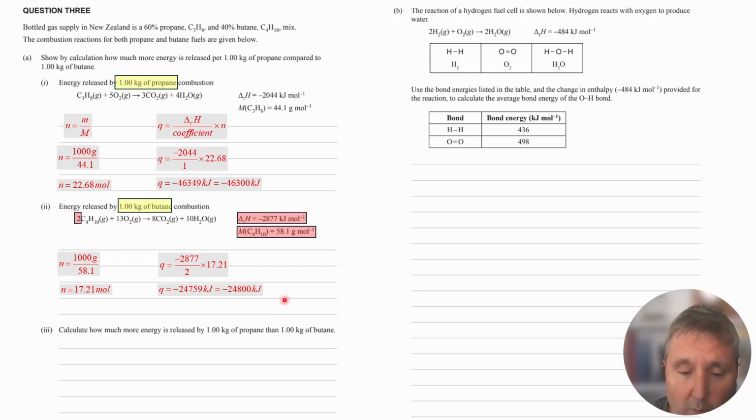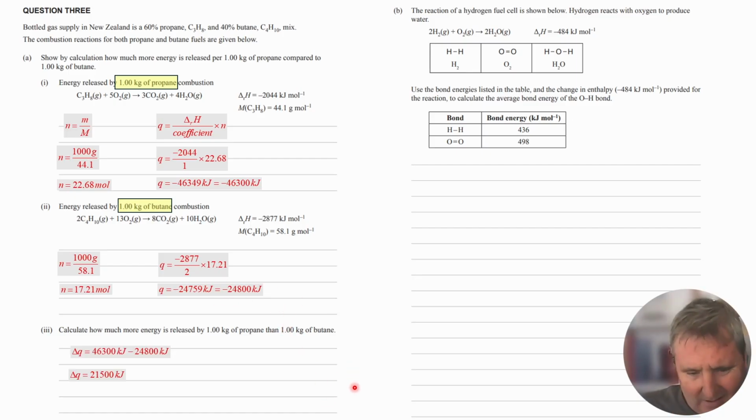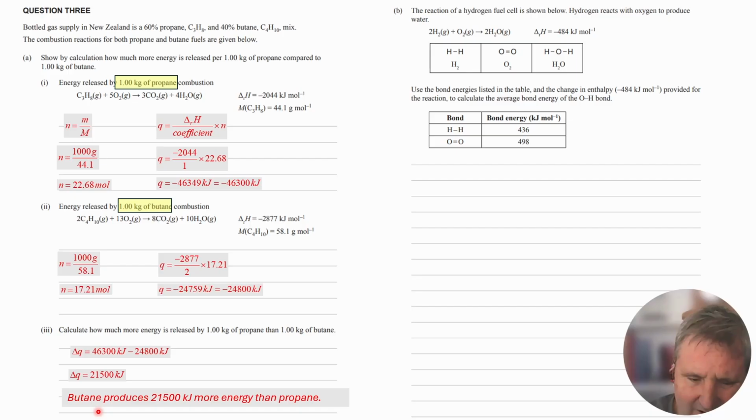So this is what we get as the answer, and here we need to say how much more energy 1 kilogram of propane gives than 1 kilogram of butane. And of course we can say, well, 1 kilogram of propane will give you 46,000 minus 24,000, and that's 21,500 kilojoules more than butane.